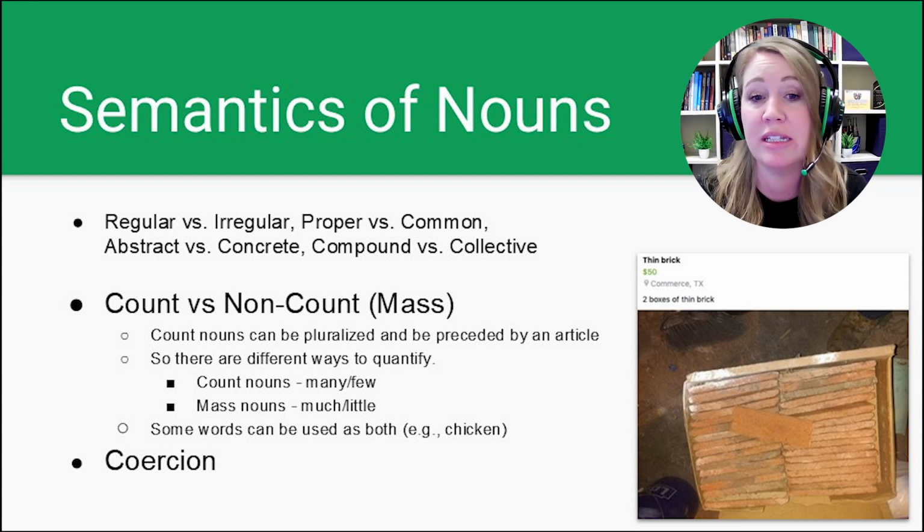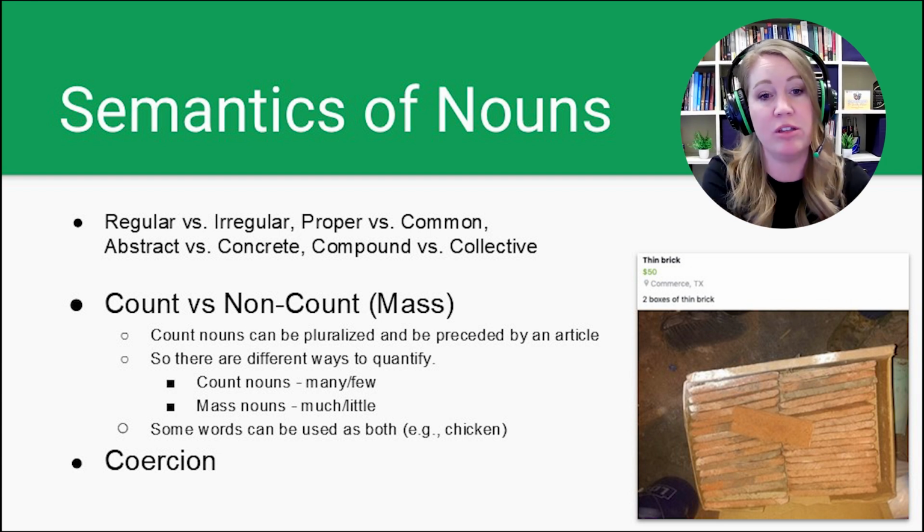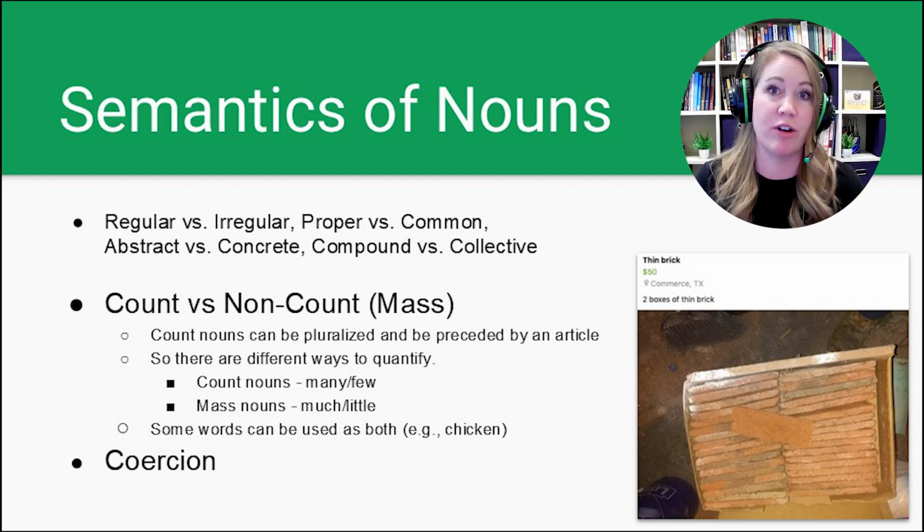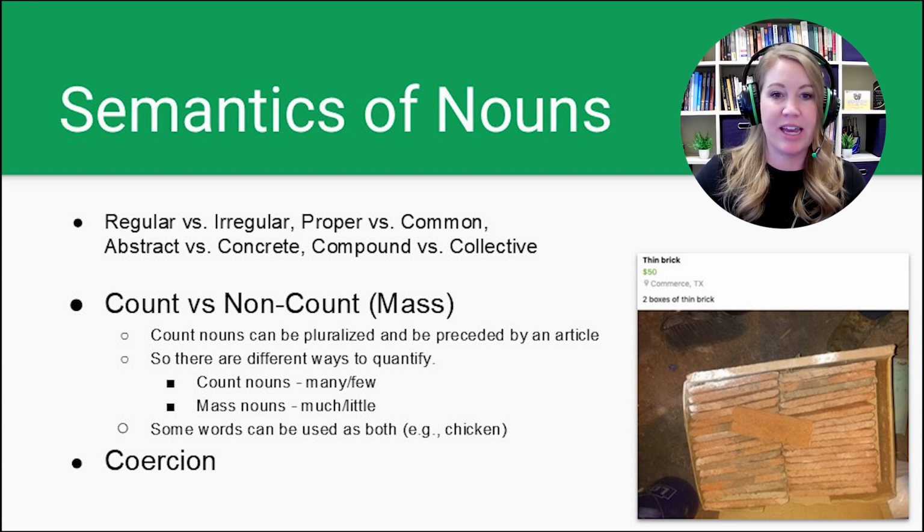I saw 3 chickens in the yard. And chickens is referring to the individual birds, right? But I also can use it as a mass noun if I say there's chicken in the soup, right? So it's referring to the meat in general and not a specific number of animals.